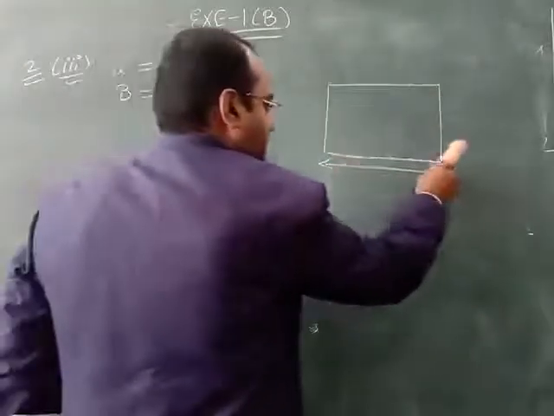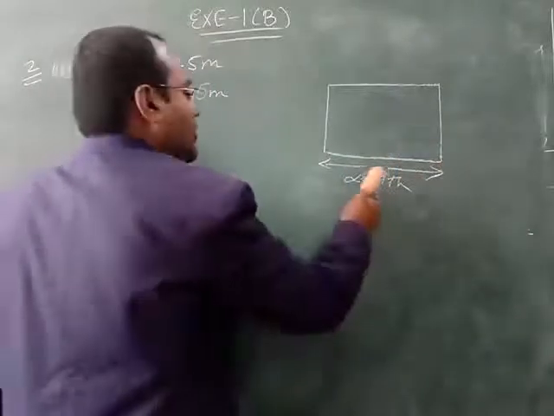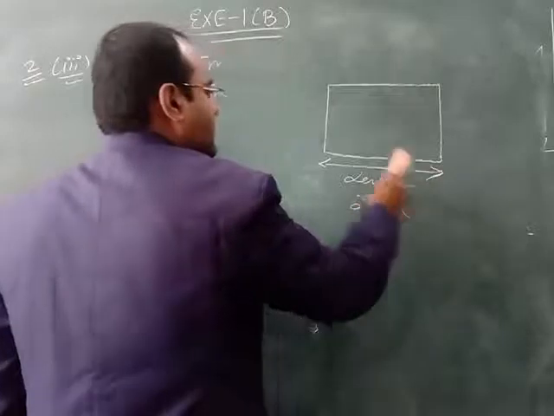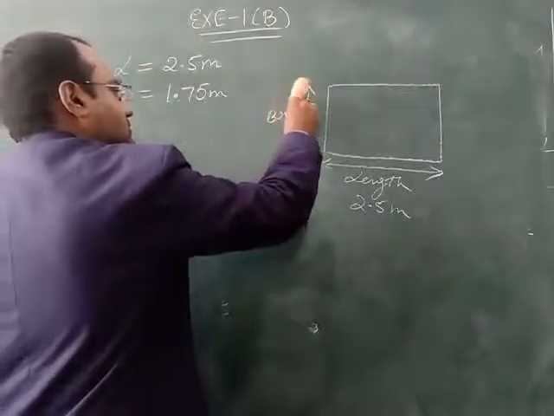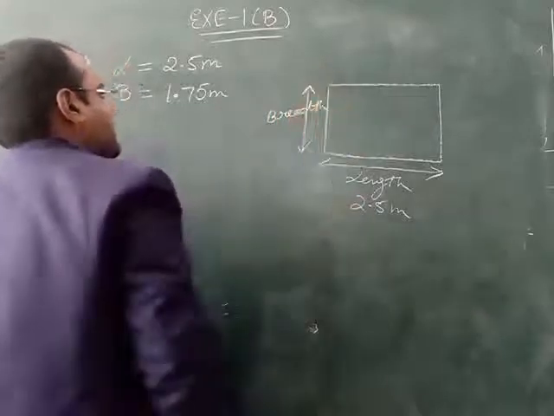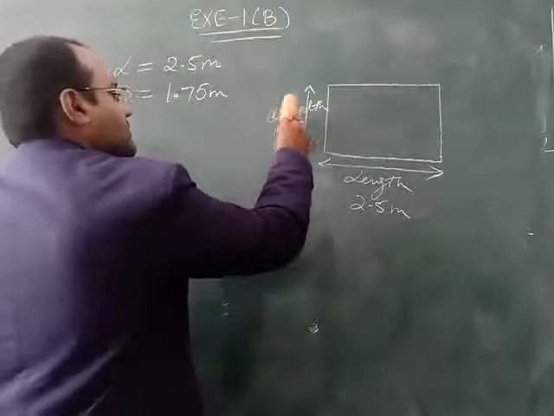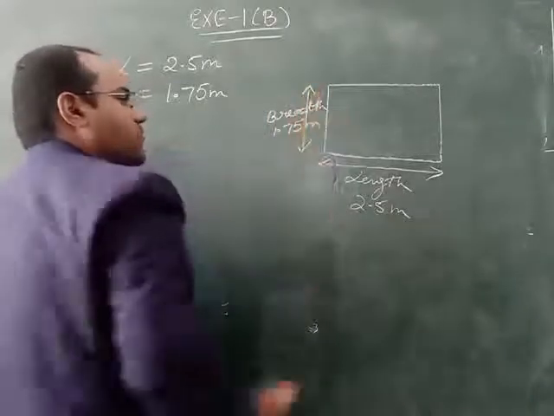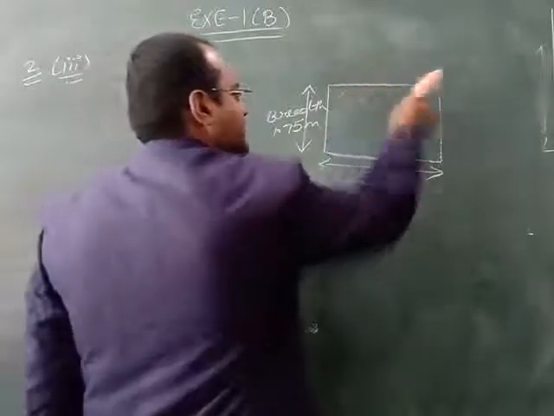This side is length. How much? 2.5 meter. This side is known as breadth. So the value of breadth is also given, 1.75 meter. We have to find the area. Area means space here.